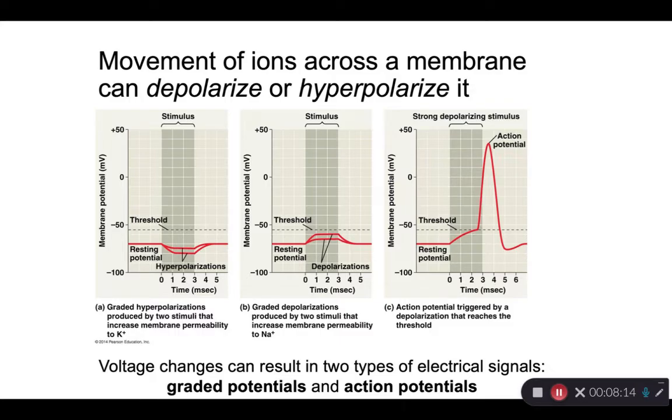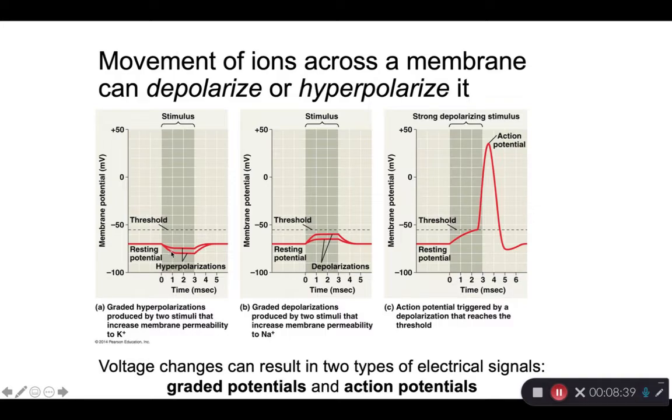So what these graphs show is changes in the membrane potential in response to ion movement. As I mentioned, this is a typical cell and it's going to start out at about minus 70 millivolts. So this is the cell under resting conditions, okay? This shows what's going to happen if you have stimuli that open potassium channels.